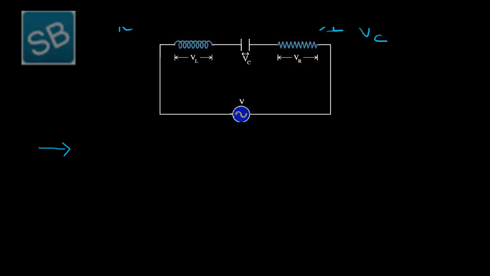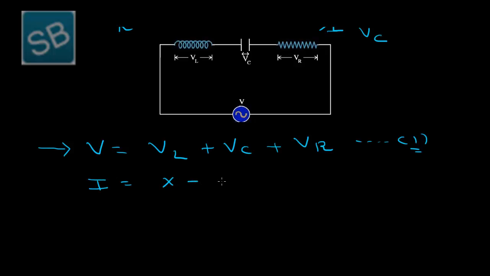Here the applied voltage is V, that is distributed in inductor, in capacitor as well as in the resistance. So this is my first equation for the applied voltage. Now suppose the phasor of current I is represented in the x direction.